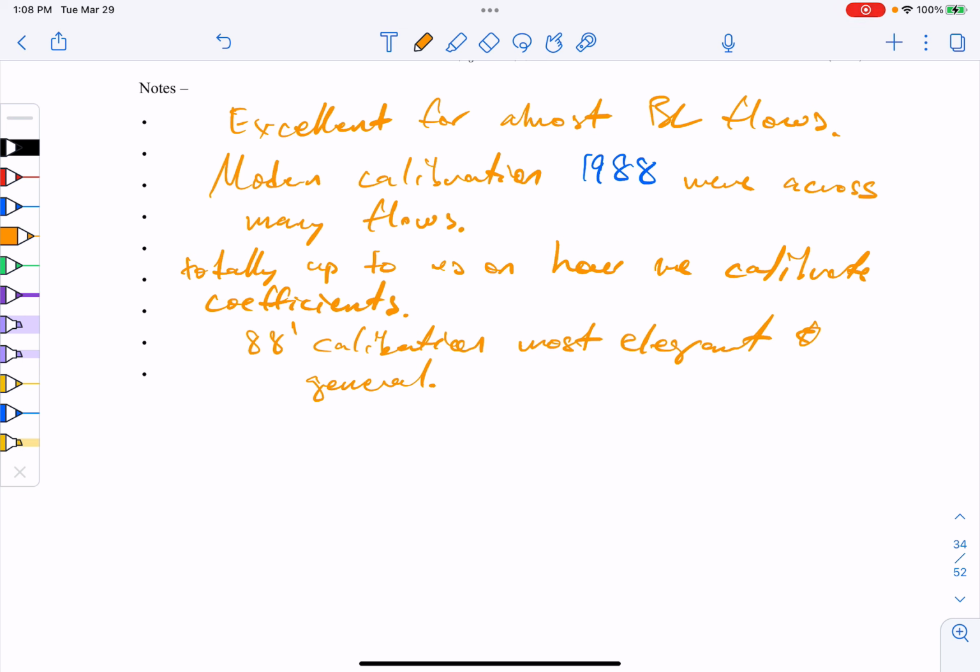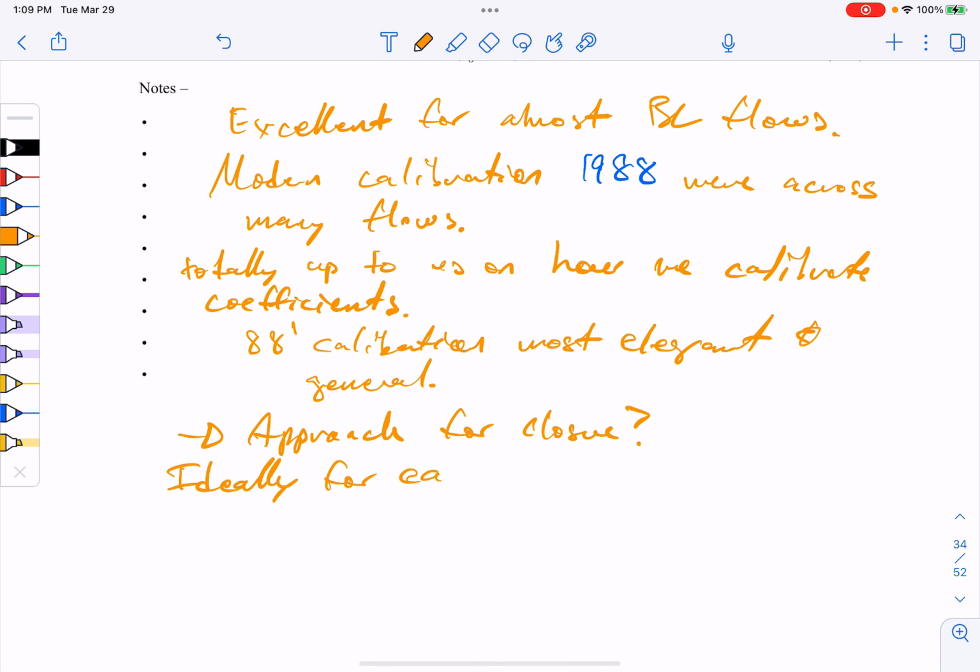And what's a better approach in the future for closure, or even choosing which two-equation model you have? I think ideally for each closure coefficient or auxiliary relation, one has a unique flow.